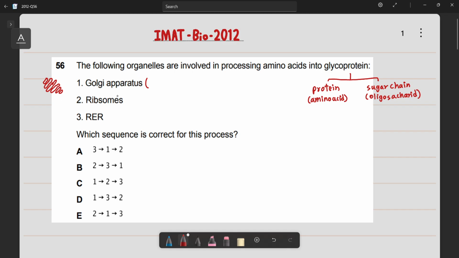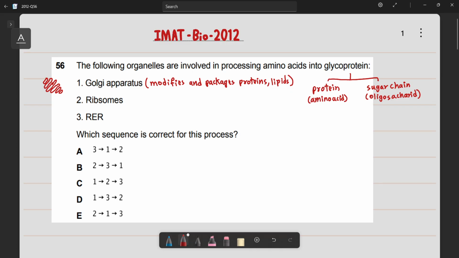The main function of the Golgi apparatus is that it modifies and packages proteins and lipids.